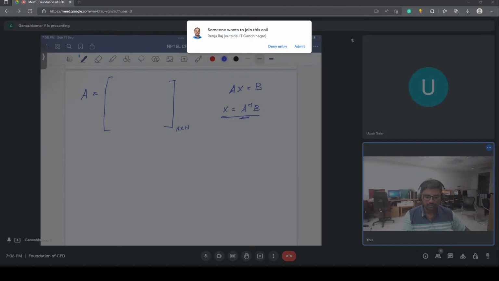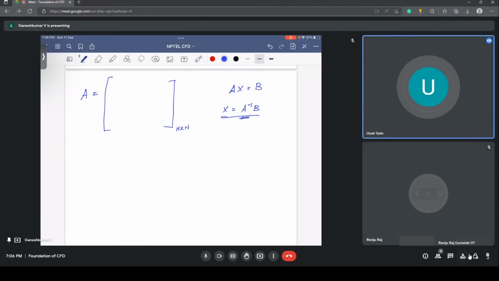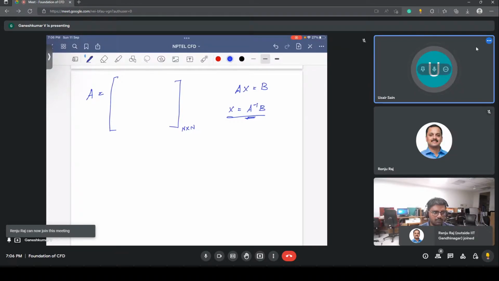Here x is the column vector and A is the coefficient matrix.